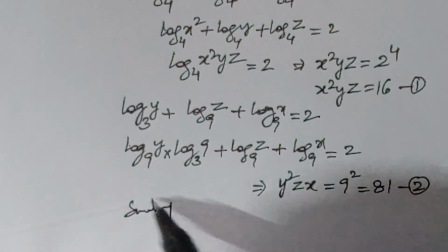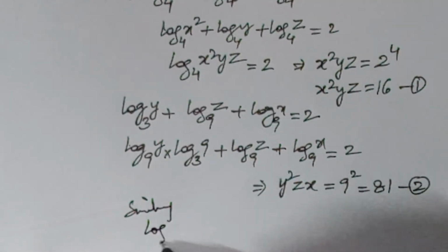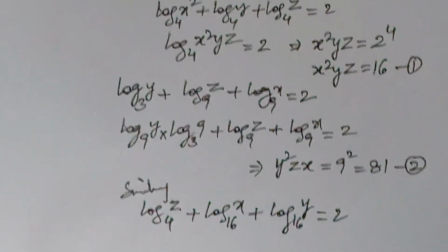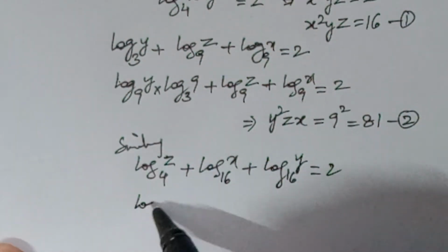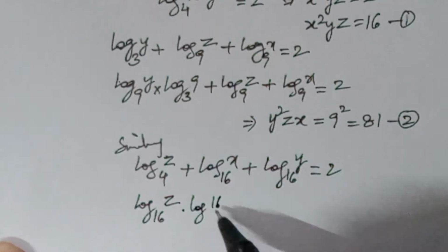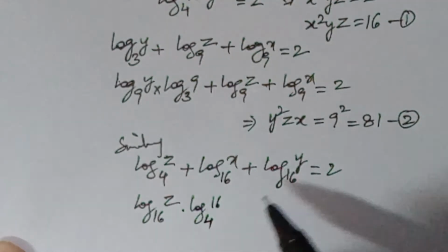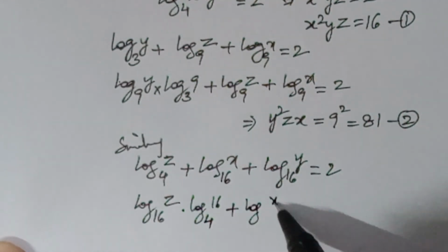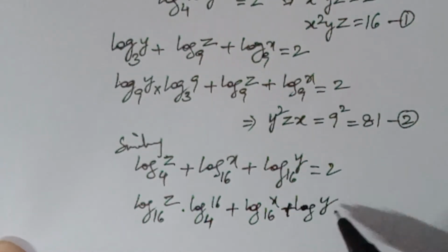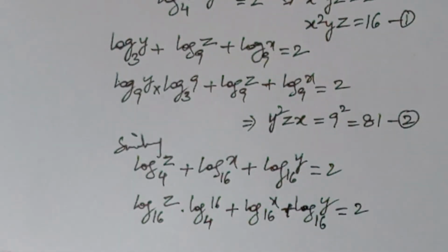Similarly, the third one also you have to write like this. Log z base 4 plus log x base 16 plus log y base 16 is equal to 2. Here also you have to change the base. Log z base 16 into log 16 base 4 plus log x base 16 plus log y base 16 is equal to 2.